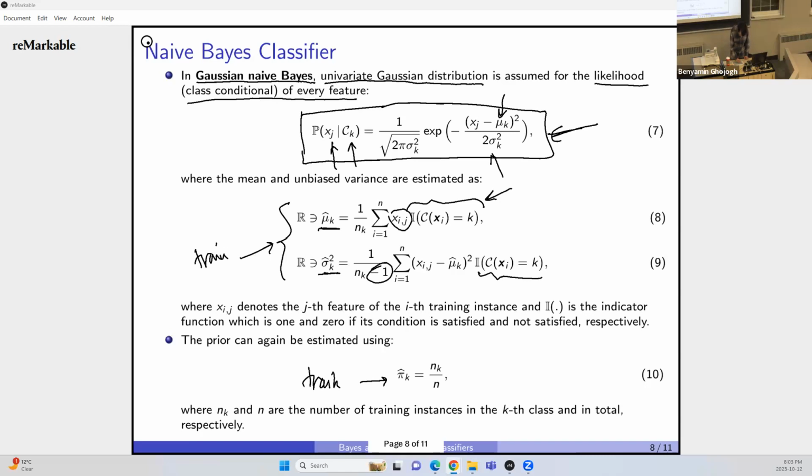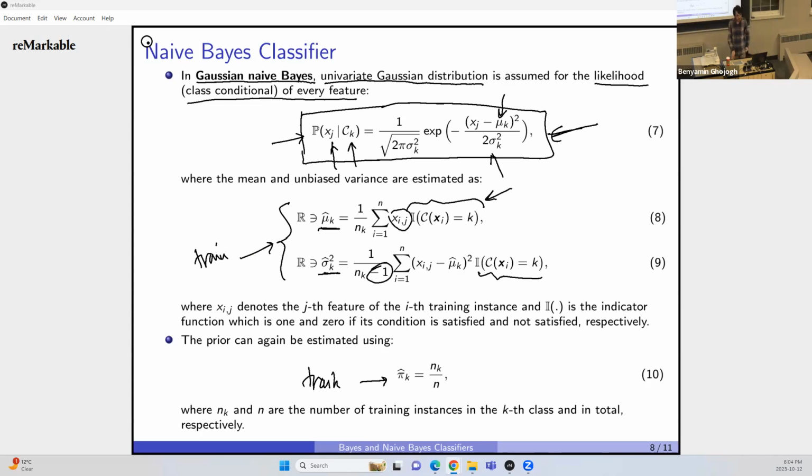Gaussian naive Bayes is using Gaussian distribution for the likelihood. QDA is also using Gaussian distribution for the likelihood. However, QDA uses a multivariate Gaussian distribution. Gaussian naive Bayes is using a univariate Gaussian distribution for each feature.